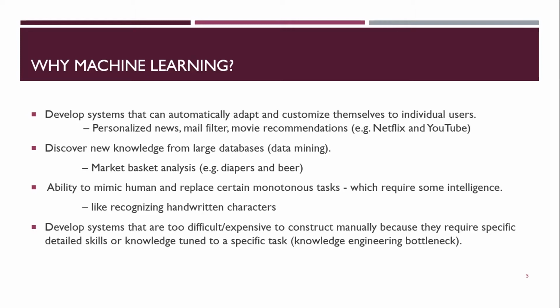One very, should I say, funny example is a marketing analysis that found a connection between the purchase of beer and diapers. This is something that even if you are a data analyst, you might not directly search for.